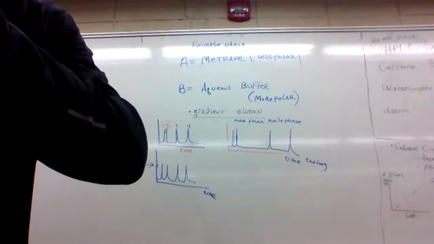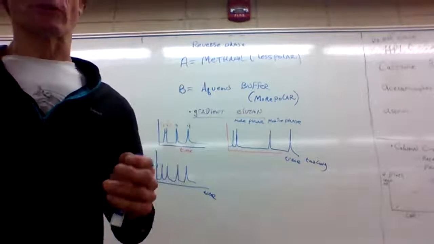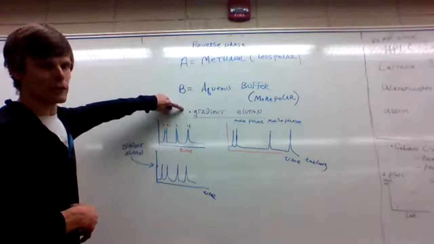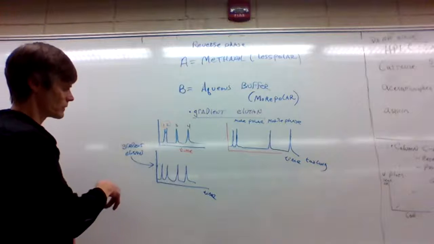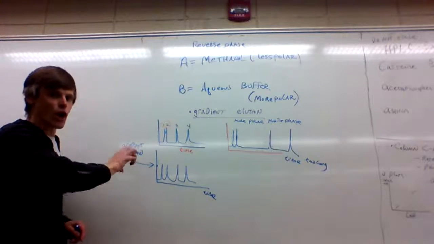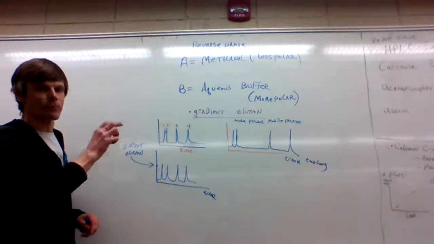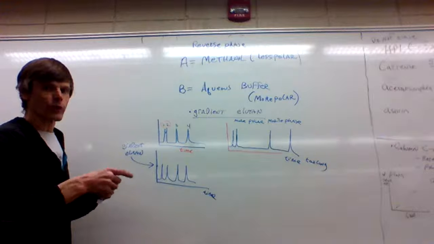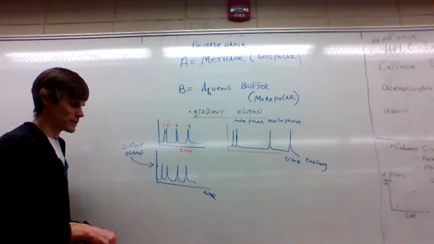So gradient elution is simply used to improve our resolution by changing the composition of the mobile phase over time and being able to encourage separation of all species.